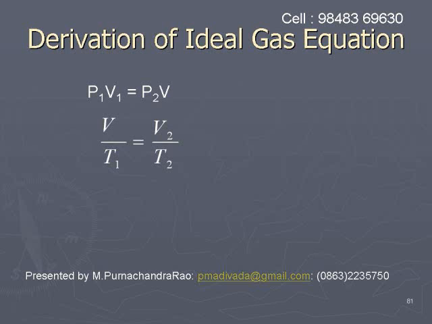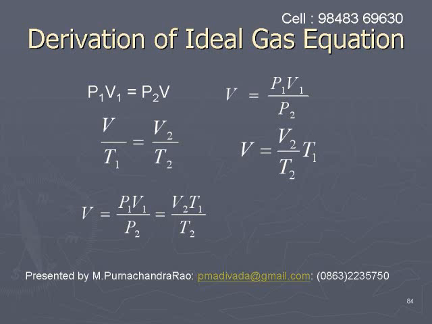From the relation P1 V1 is equal to P2 V, we get capital V is equal to P1 V1 by P2. From the relation V by T1 is equal to V2 by T2, we get V is equal to V2 by T2 into T1.